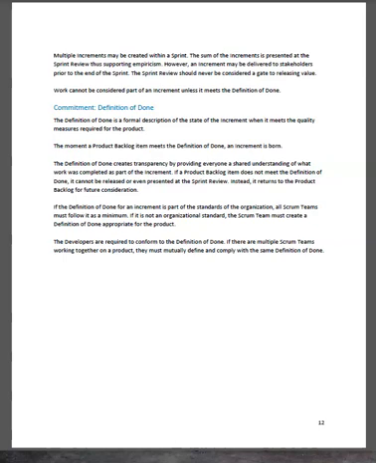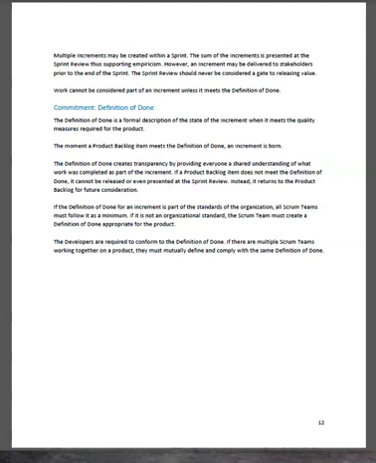Commitment: definition of done. The definition of done is a formal description of the state of the increment when it meets the quality measures required for the product. The moment a product backlog item meets the definition of done, an increment is born.